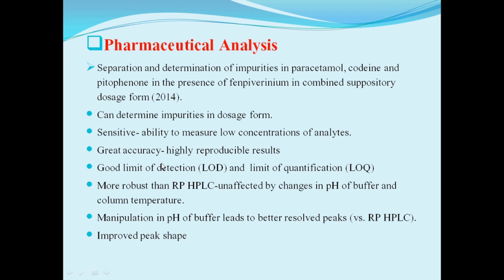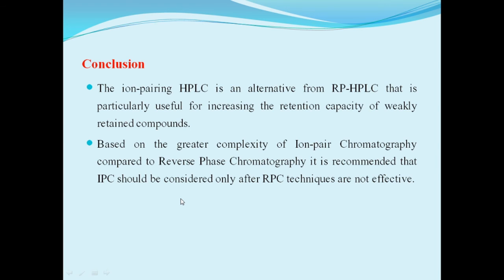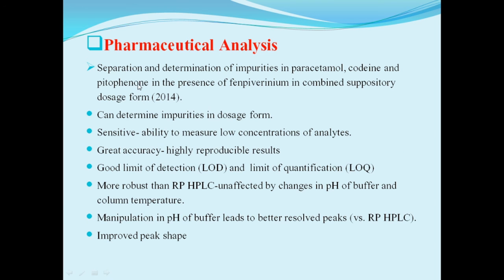Great accuracy, highly reproducible results. Good limit of detection, LOD, and limit of quantification, LOQ. More robust than RP-HPLC, unaffected by changes in pH of buffer and column temperature. Manipulation of pH of buffer leads to better resolved peaks versus reverse phase HPLC, and improved peak shapes. These are the applications in pharmaceutical analysis of IPC.